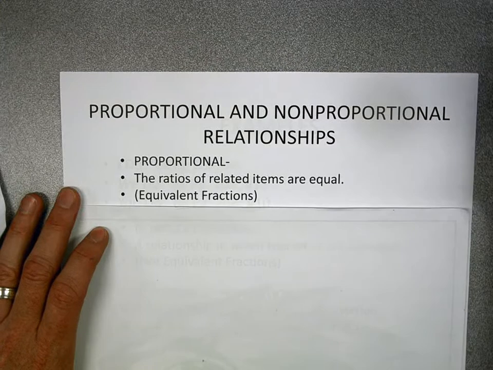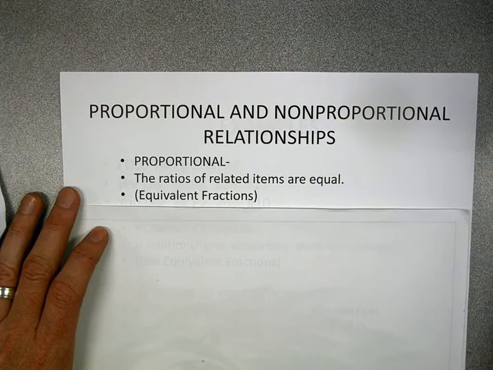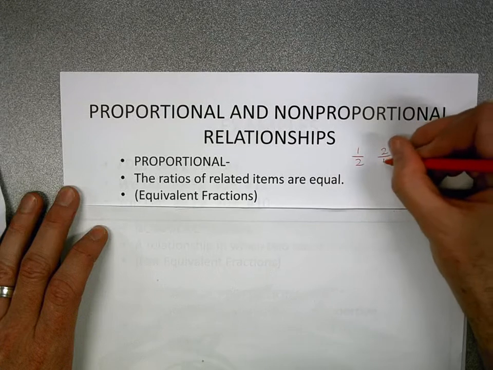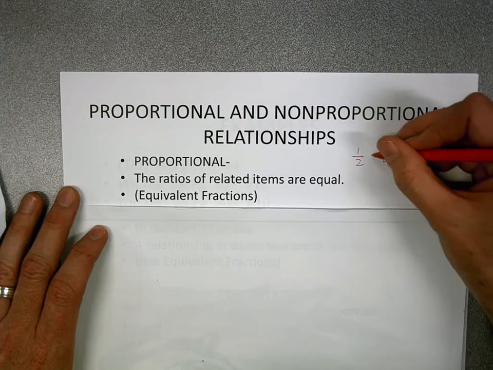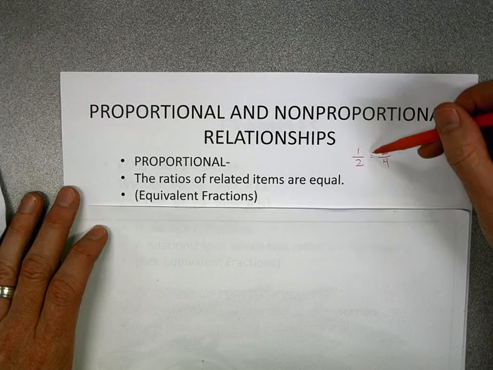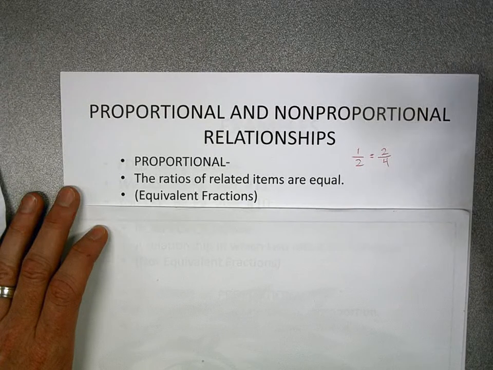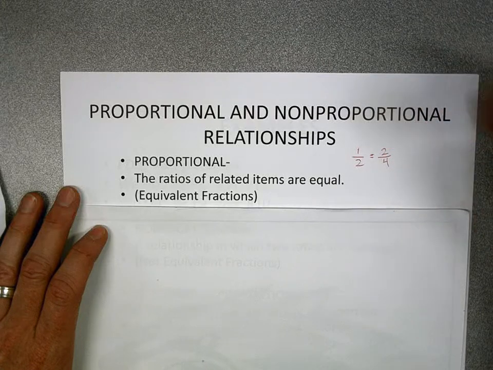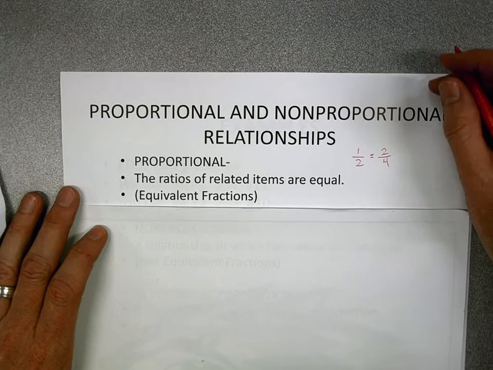Now, remember, ratios are not fractions, but they can be written in fraction form. If this is a 1-to-2 ratio and a 2-to-4 ratio, these aren't really called equivalent fractions because they're ratios, not fractions. But if they are equal to each other, they're said to be proportional to each other.